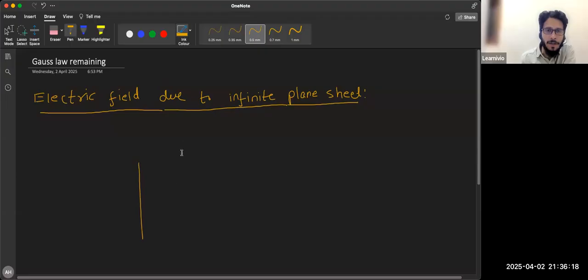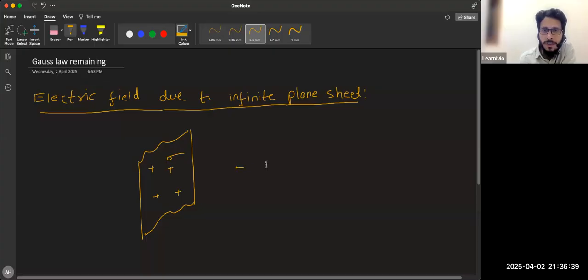So if you have an infinite plane sheet, the sheet is two-dimensional. A sheet will have only surface charge density. So the charge density of the sheet is plus sigma. If you want to calculate electric field due to the sheet, we are not doing the derivation. Derivation will not help in any numericals.